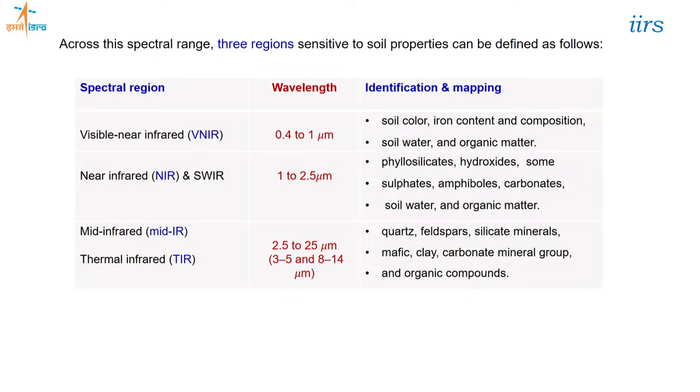At field level or laboratory level we can use it, but on remote sensing platforms like satellite or aerial data, we are not using thermal infrared bands much for mapping of soil properties.